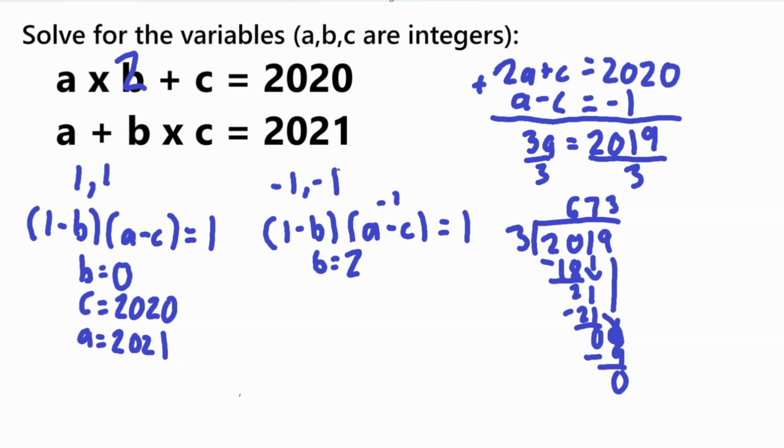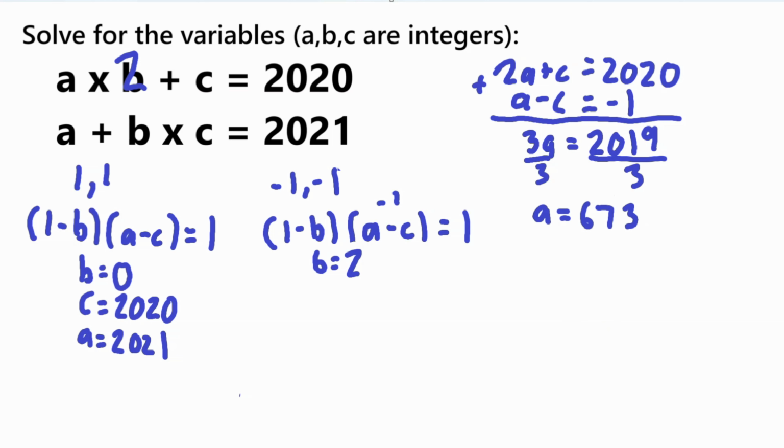So 2019 divided by 3 is equal to 673. This means that our a value is 673.